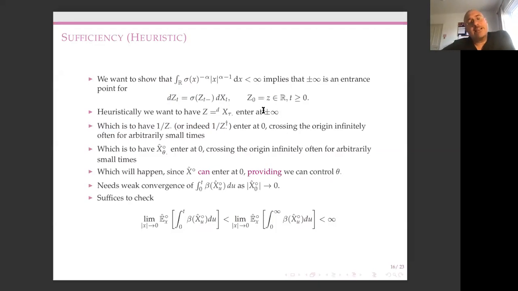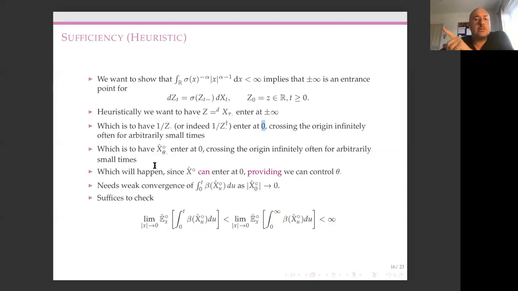And so if Z is entering at plus minus infinity, then 1 over Z, or indeed 1 over Z dagger, I don't really care about hitting the origin later, is entering at 0, but it's crossing the origin infinitely often for arbitrarily small times.